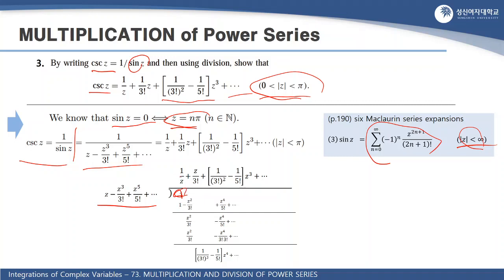Here 1 over g, then multiply this term and this series, then write this line, then first term g times 1 over g results in 1 here, then second term 1 over g times negative g cubed divided by 3 factorial, then we get this.